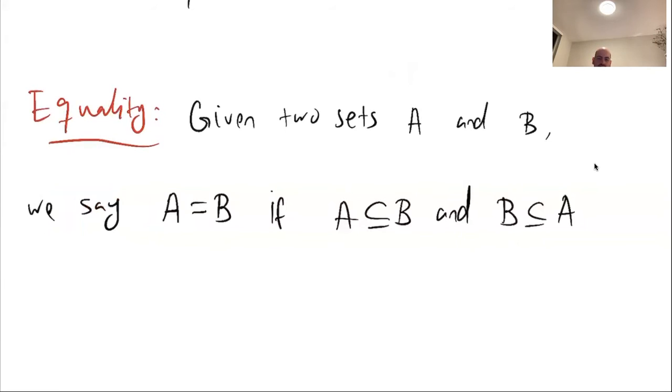Otherwise, if A is not a subset of B, or if B is not a subset of A, in any of those situations, we would say A is not equal to B.